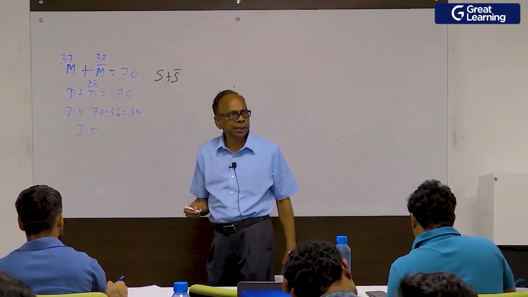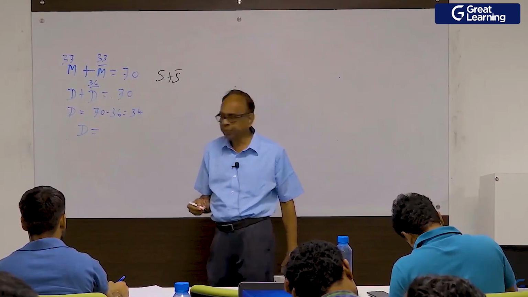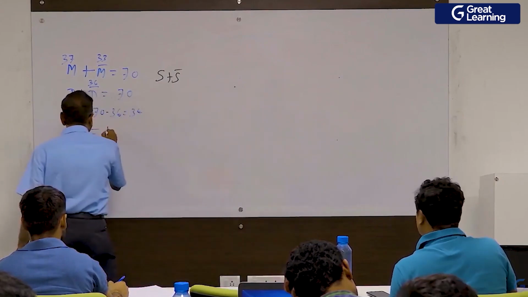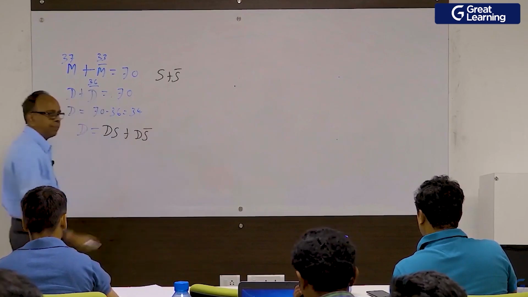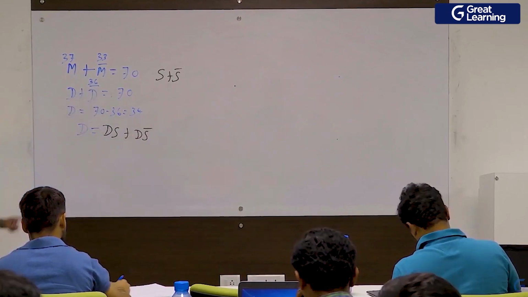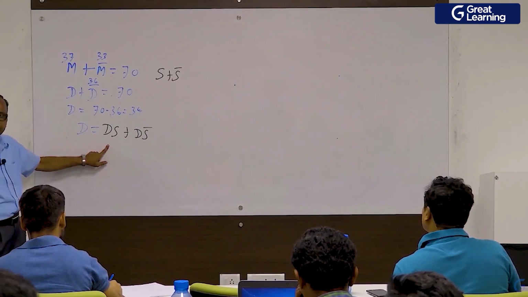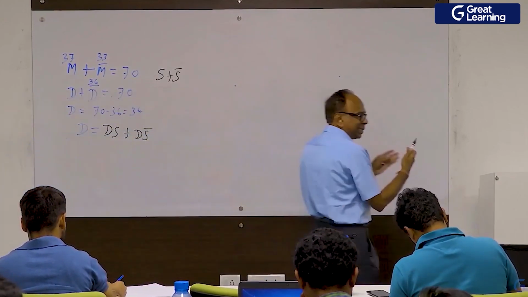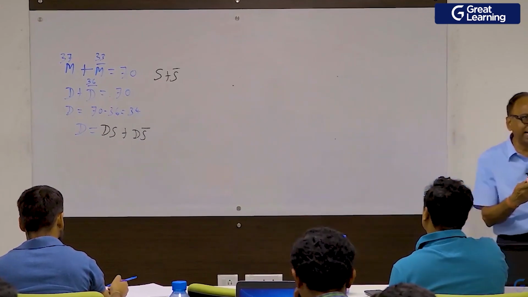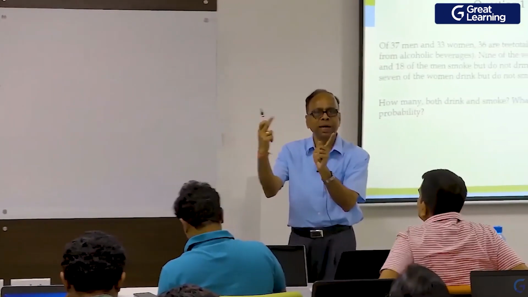S is smoking, S bar is non-smoking. So, D I can write as DS plus DS bar. Yes or no? It is associated with smoking, or it is not associated with smoking. Attributes. In other words, I just construct the table D, D bar, S, S bar. I look at the combination.